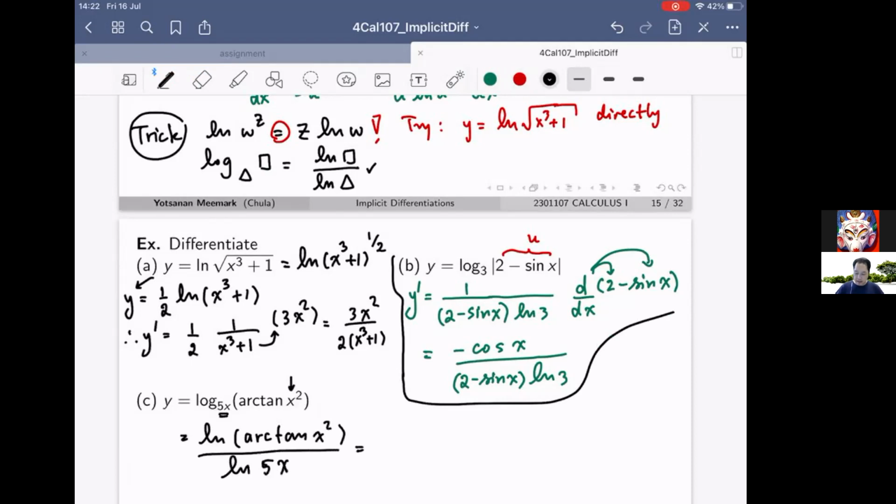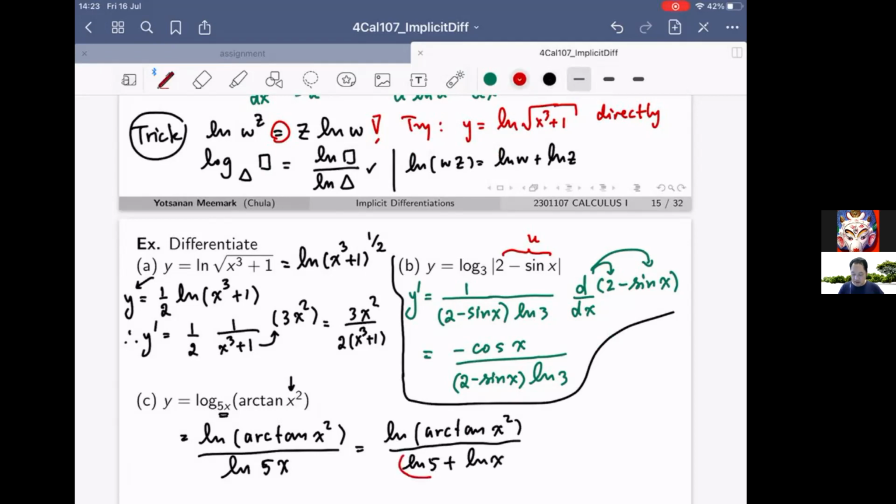Another property that may help you is that a log of wz is a log of w plus a log of z. So this one is the log of arctangent of x squared over log of 5 plus log of x. And don't forget that log of 5 is simply a constant, so when you find a derivative, it becomes 0.